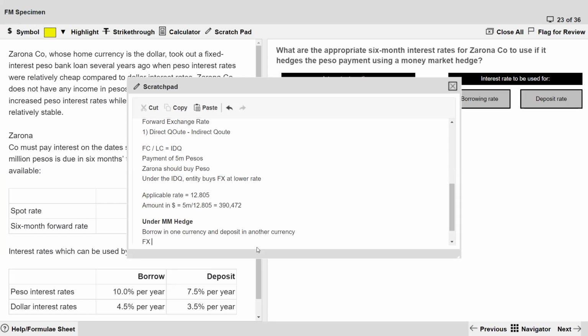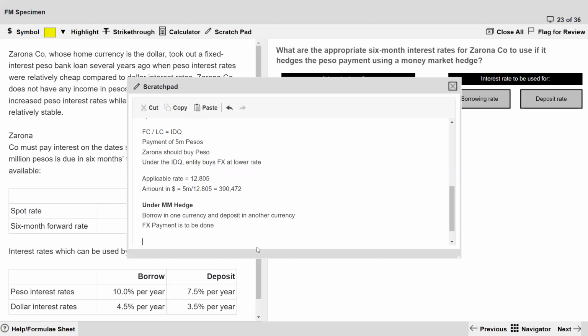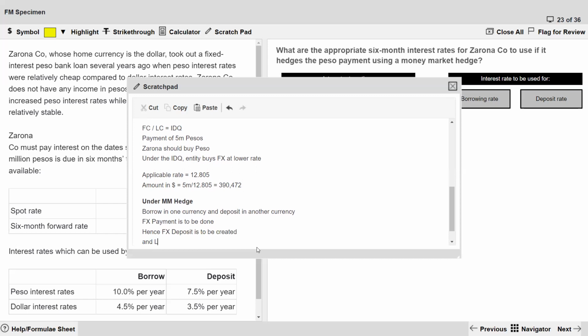Since a foreign exchange payment is to be made, a foreign exchange deposit is to be created and a local currency loan to be obtained.